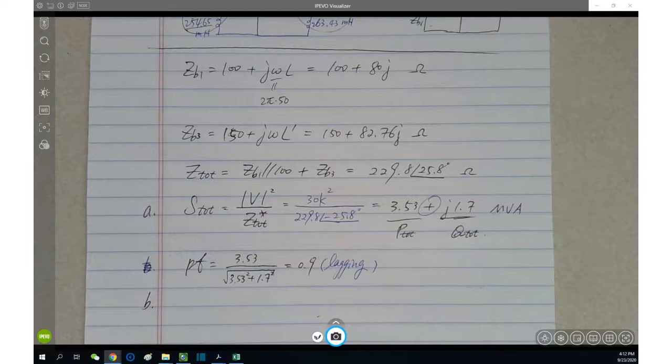Whereas tangent, if we use the tan of the imaginary over real power, that's going to give us the correct sign no matter what, right? Yes, that's true. However, what I'm saying is, if you're given a power factor without any active or reactive power, then how do you find the theta sign?